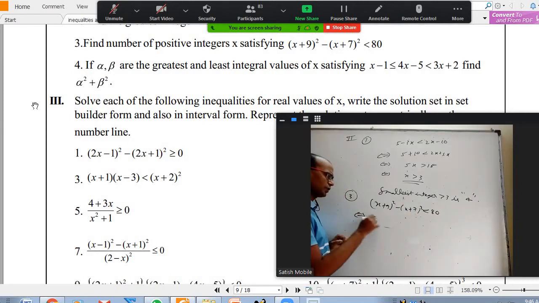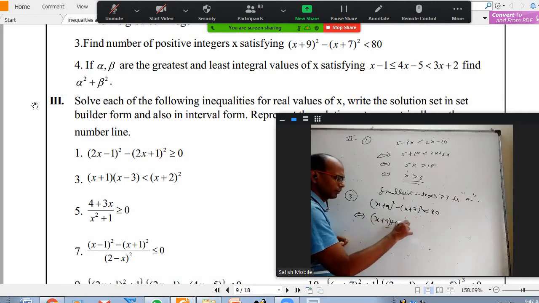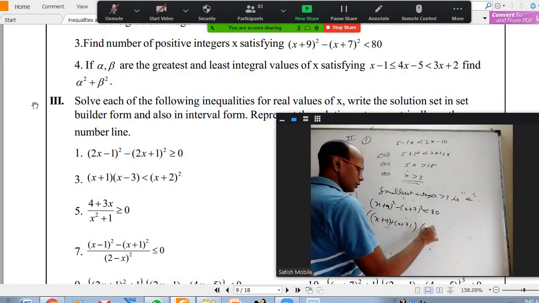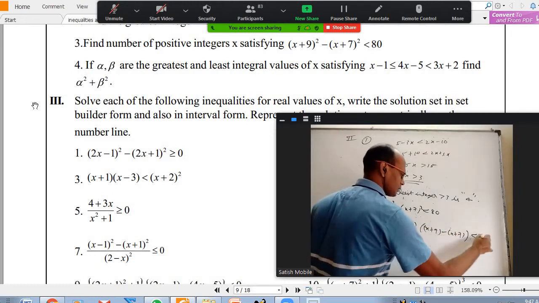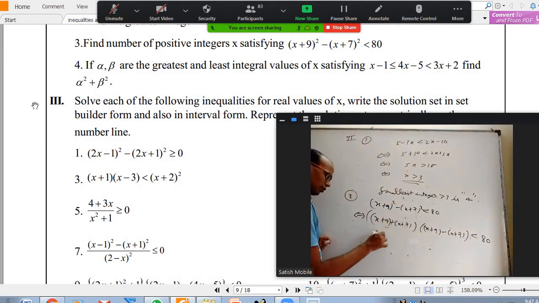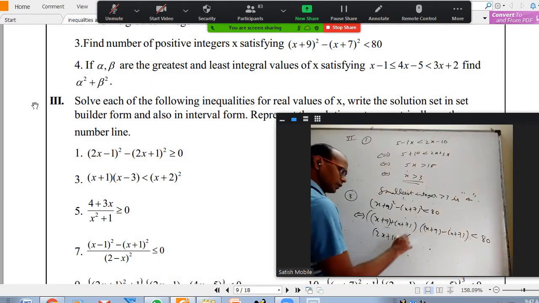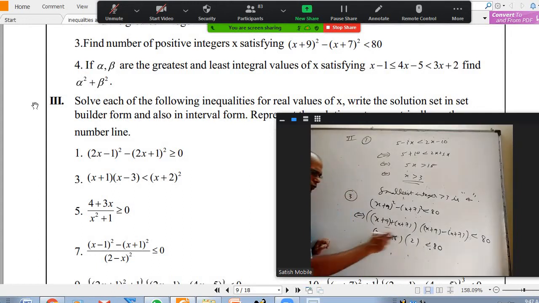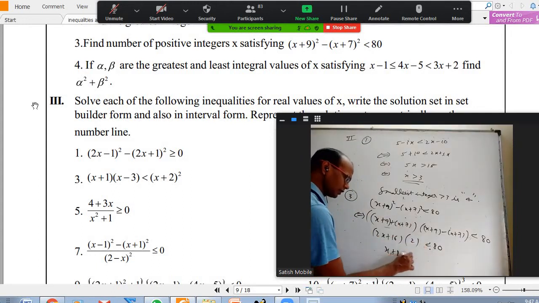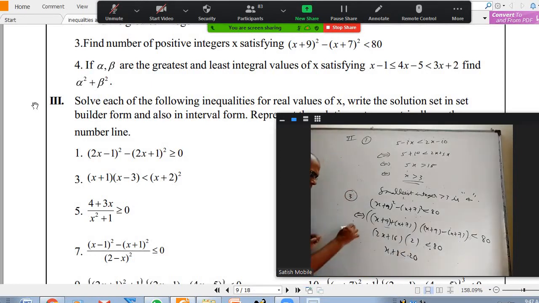That implies x plus 9 plus x plus 7 into x plus 9 minus x plus 7 less than 80. This plus this is 2x plus 16. This is 9 minus 7, 2, less than 80. I can take 2 common here, and which is a positive number, I can divide that side. I'll get x plus 8 less than 20. That implies x less than 12.